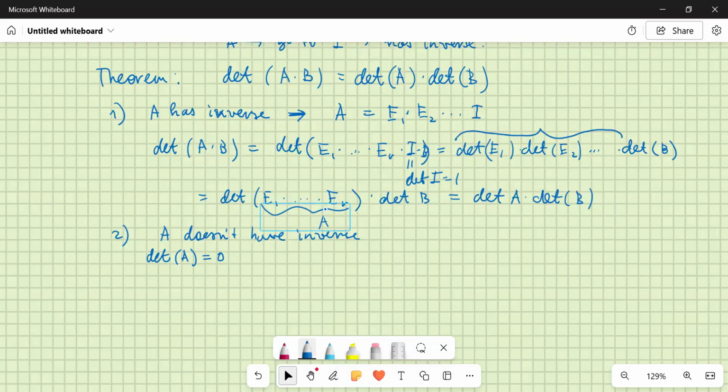On the other hand, for the product of two matrices, A and B, if A does not have an inverse, the product is not going to have an inverse too.